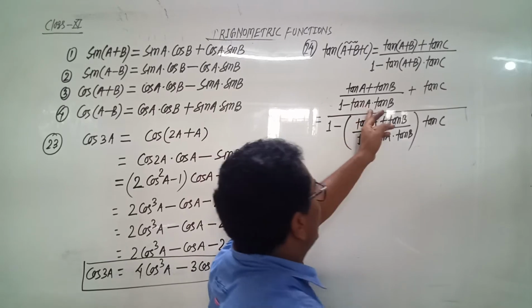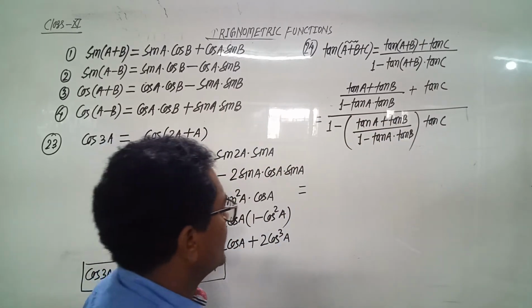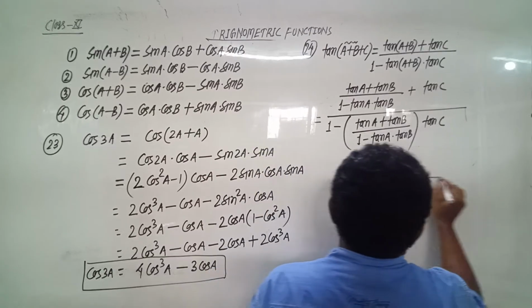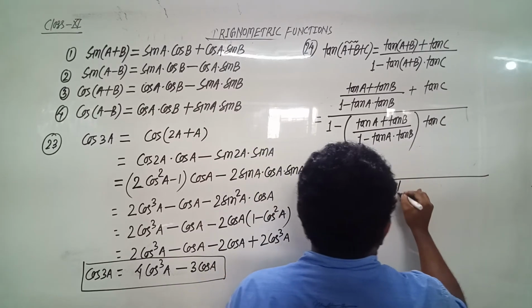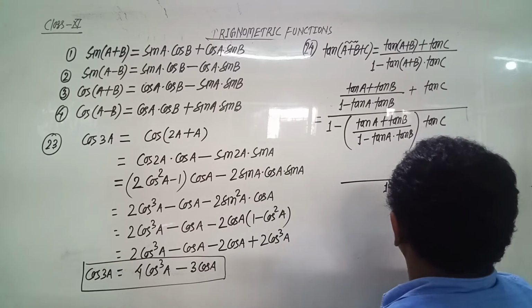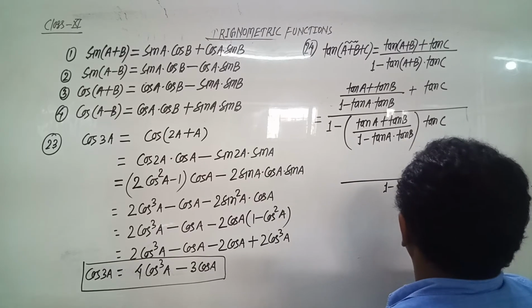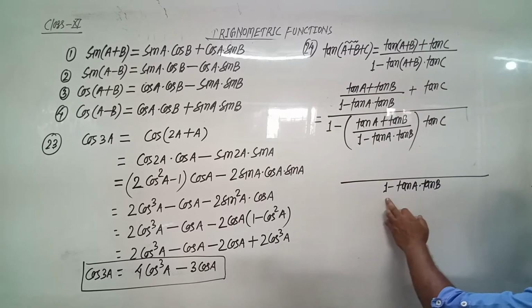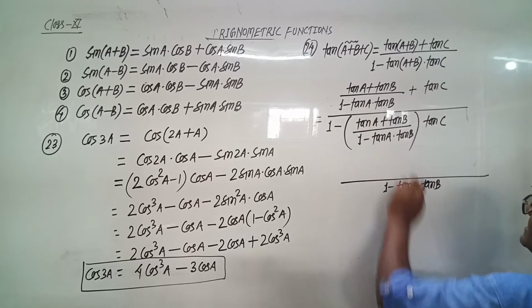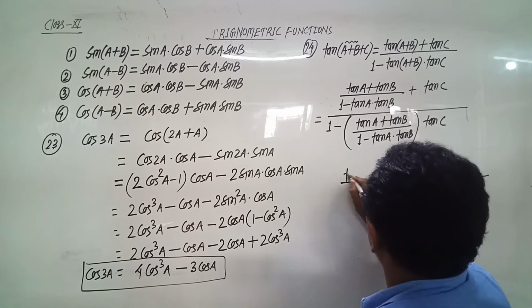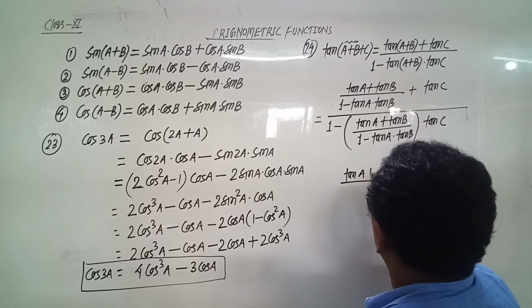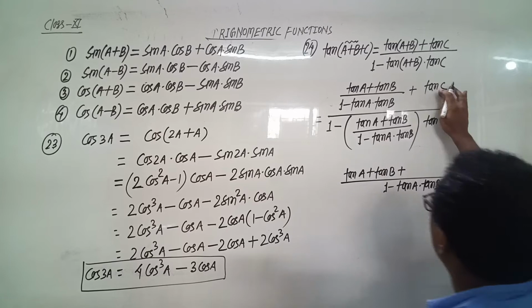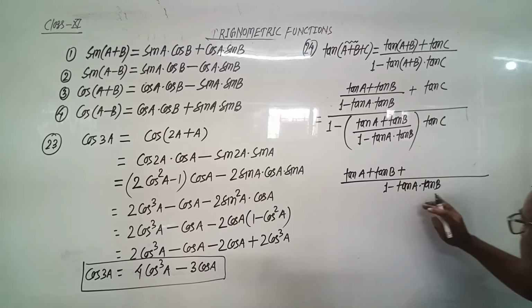Then we take LCM in the numerator. So the LCM is 1 minus tan A into tan B. This gets cancelled and it comes tan A plus tan B, and plus tan C multiplied by these two terms.